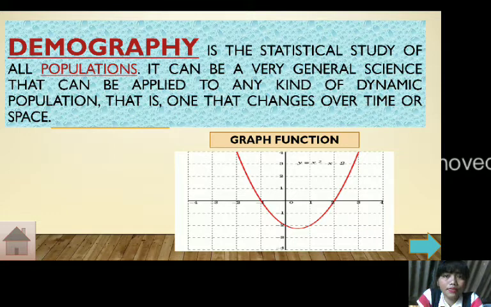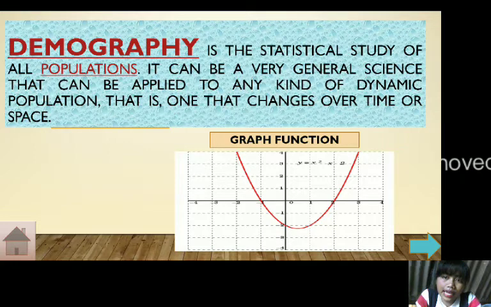Demography comes from the ancient Greek demos, meaning the people, and graphy from graphia, meaning writing, description, or measurement. So it is the statistical data of population, especially human beings.